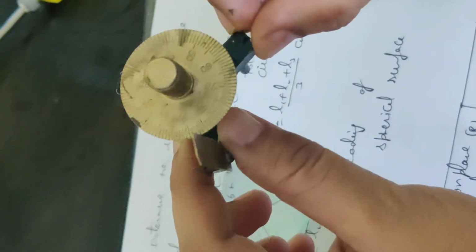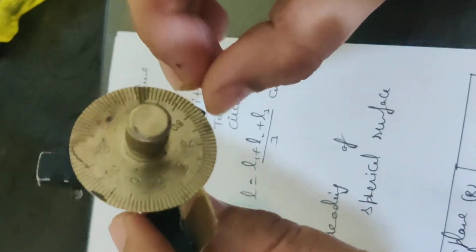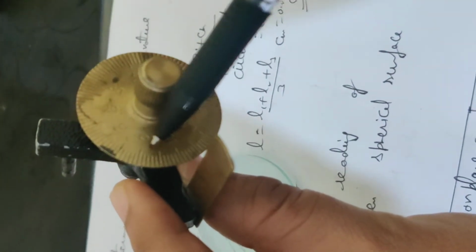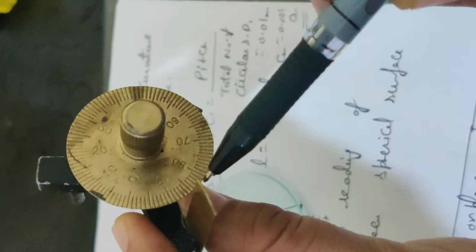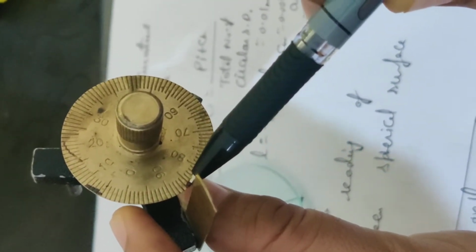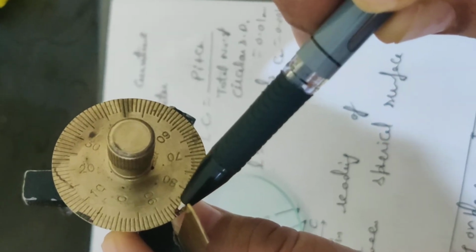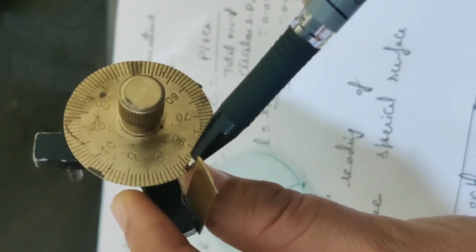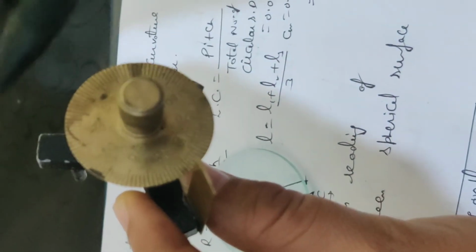And what is the division of the circular scale? The circular scale division, as this is 0, and here it is 80, 85, 86, 87.